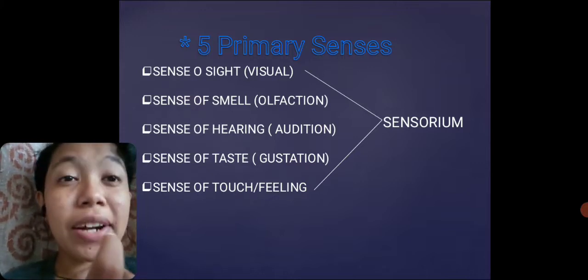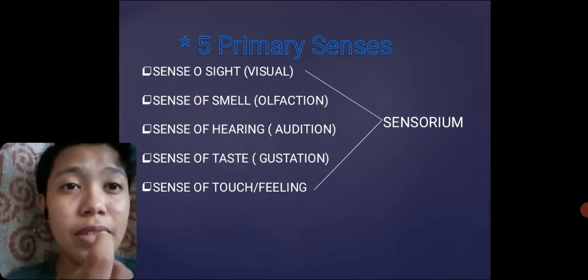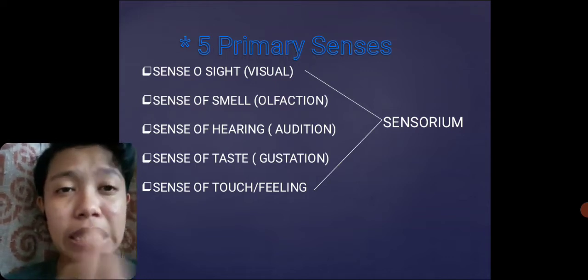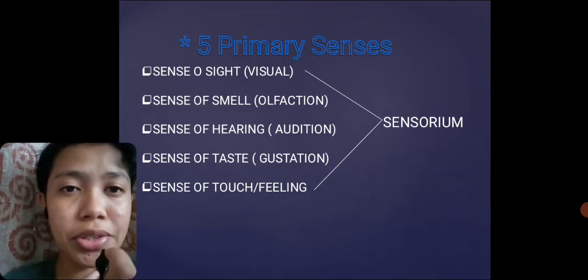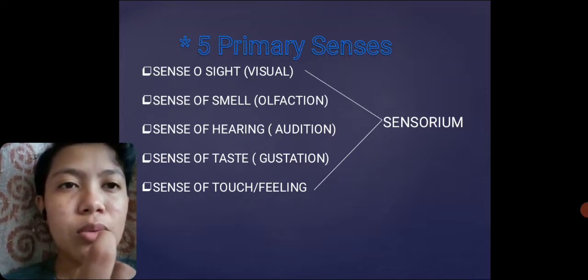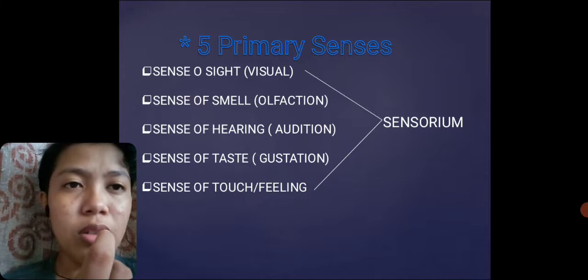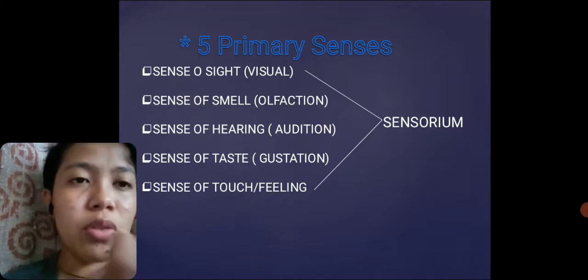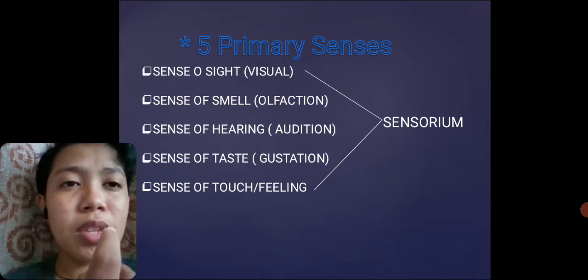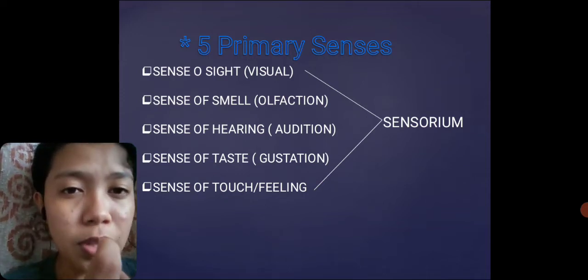First is the sense of sight, which is visual, through your eyes, what you can see. Second is the sense of smell, olfaction, which we introduced during the definition of terms. It is through the use of your nose.